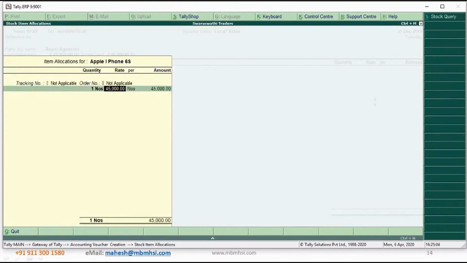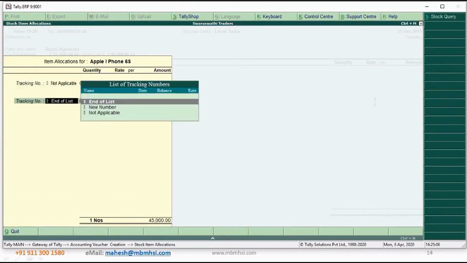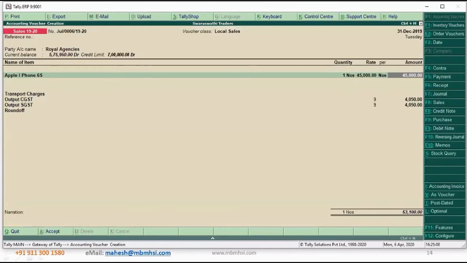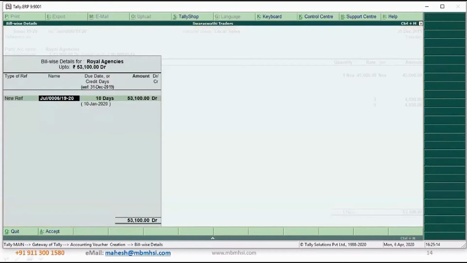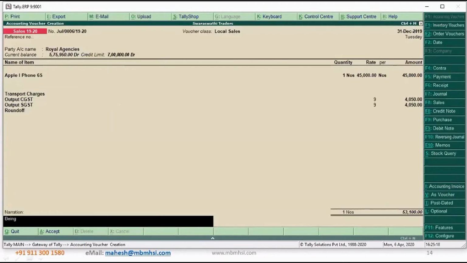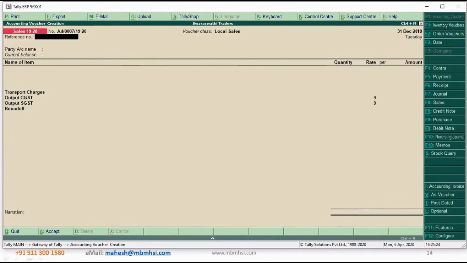So I'm selling one Apple phone to Royal agencies. 10 days, by 10 January it is due. The phone is sold, it's not purchased.